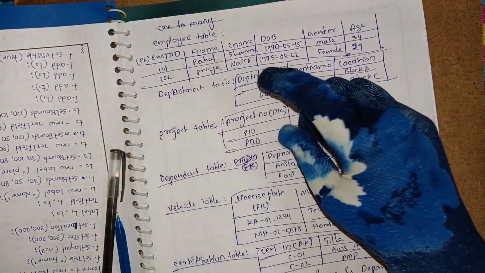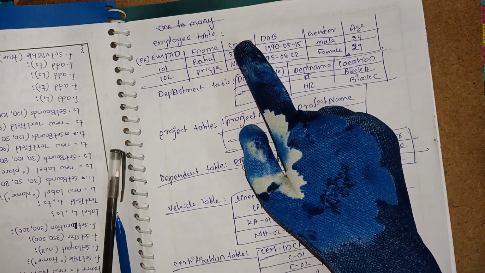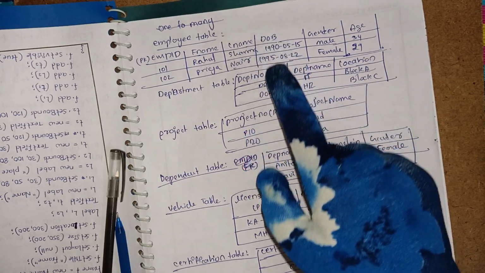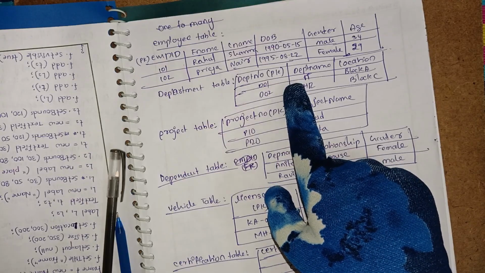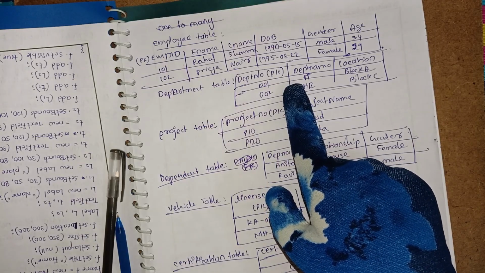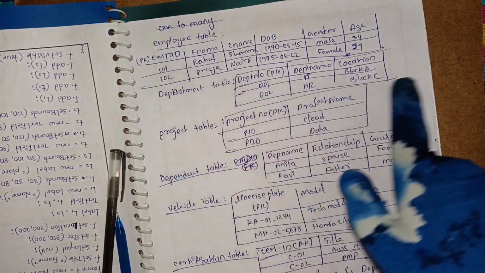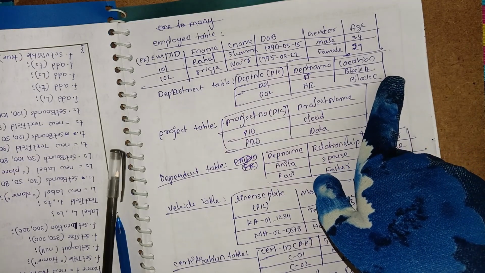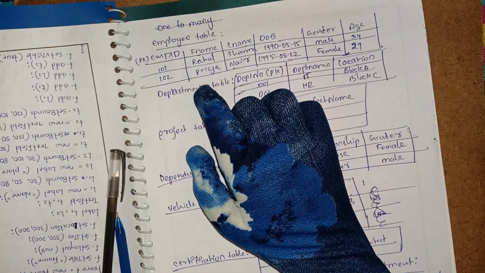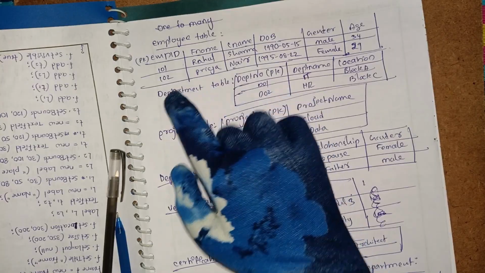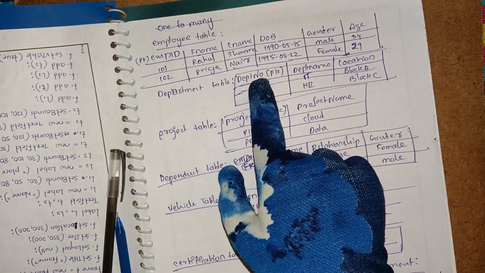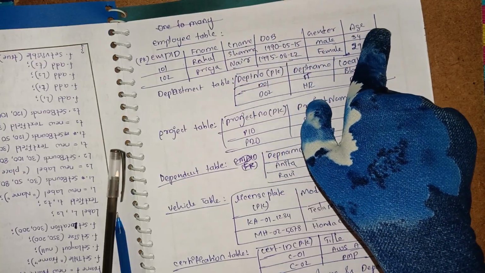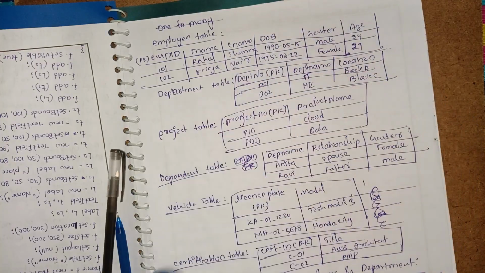So the statement means the primary key employee ID can be placed in the department table as a foreign key. Means employee ID is placed as a foreign key in the department table, or we can also put the department table's department number primary key in the employee table as a foreign key. Either way is correct.